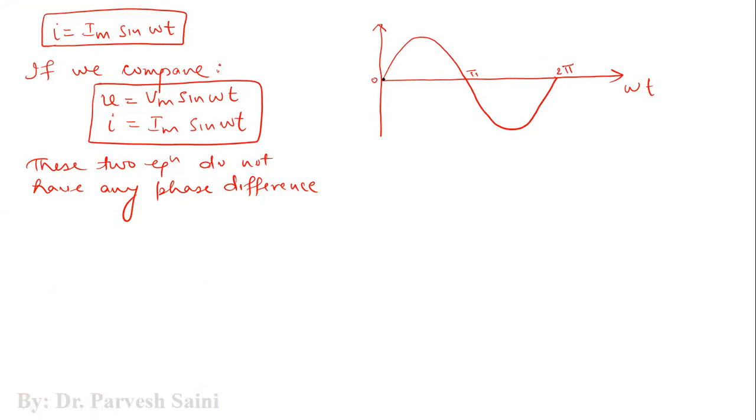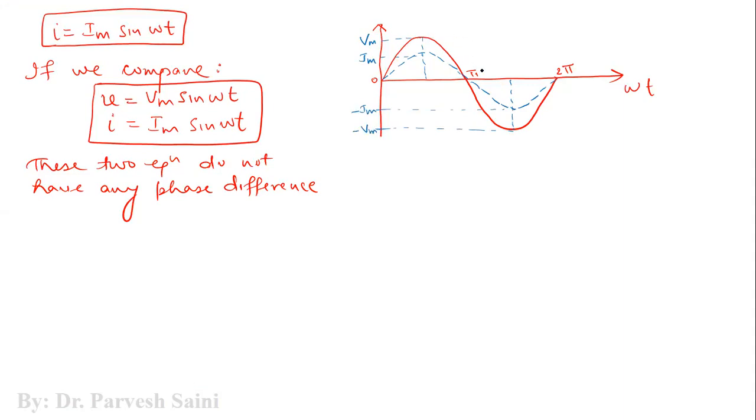So the current waveform will be like this. This is the peak value of voltage and this is the peak value of current. Similarly, here also you have negative peaks, minus Im and minus Vm.